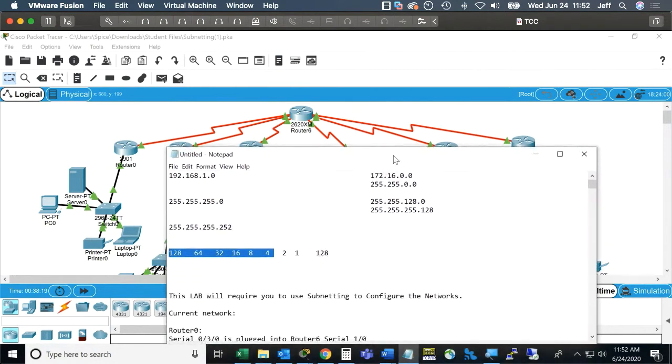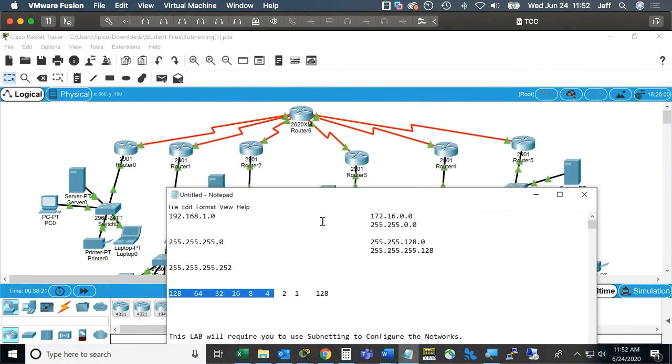But that in general is subnetting, that practice of taking a network, because this network is 192.168.1.255. So our original network is 192.168.1.0 to 192.168.1.255.